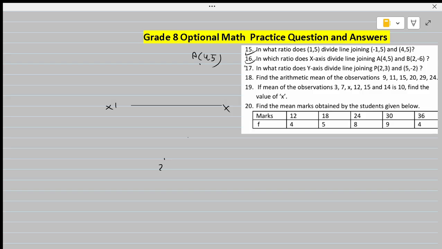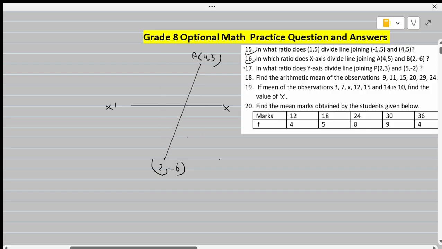So here 2, -6, and the question is, the line joining these two points is getting divided by the x-axis in some ratio, and that ratio we are asked.